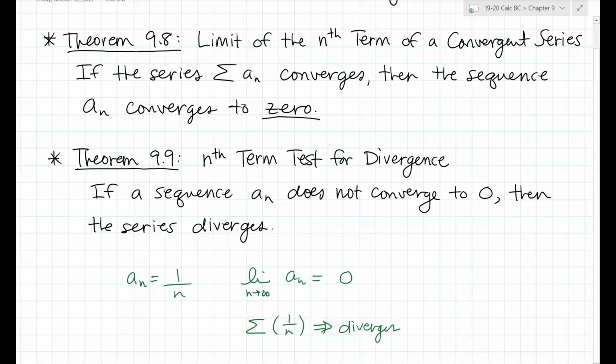I know that diverges because this is a specific type of series, and we'll talk about that later. So if a sequence converges to 0, it doesn't mean that the series will converge. So for theorem 9.8, make sure you don't use it backwards. Don't confuse it by using it backwards. It only tells you that if the series converges, then the sequence will converge to 0.